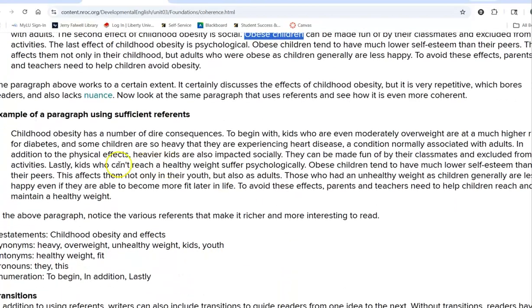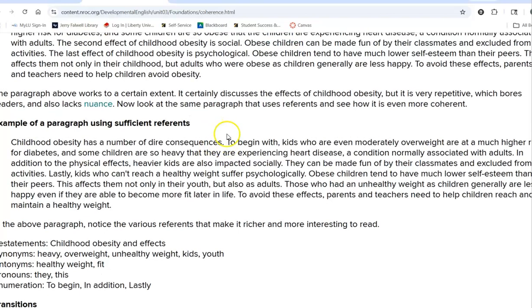And so here they have rewritten this paragraph and they have a different kind of enumeration. They start with to begin with instead of first, kids instead of obese children, right? Oh, there's a they right there. We know that we're talking about obese children or kids.